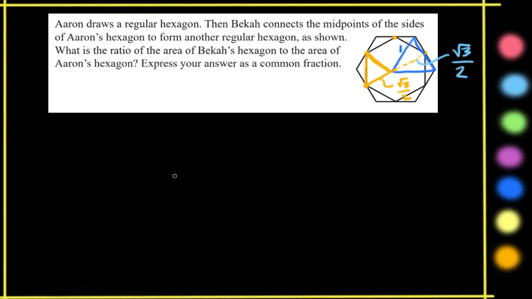And one cool thing is that if you have similar figures and you know the ratio of some corresponding one-dimensional part, you can just square that ratio to get the ratio of the areas.